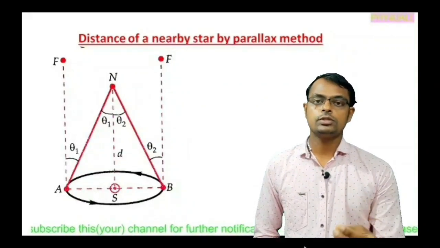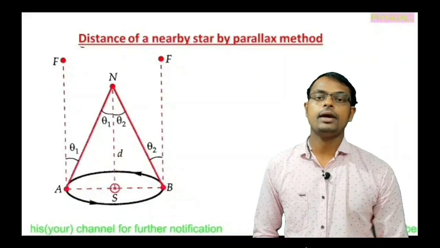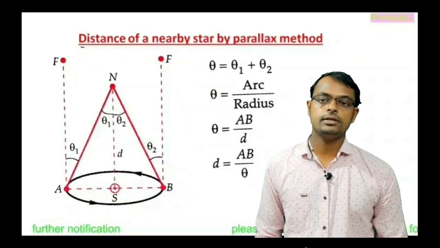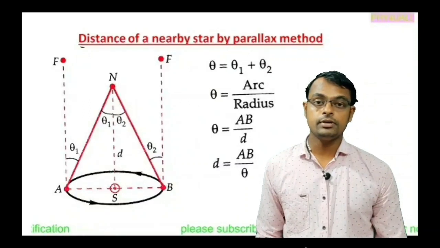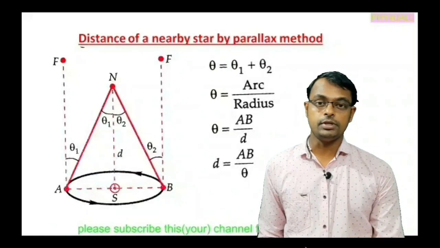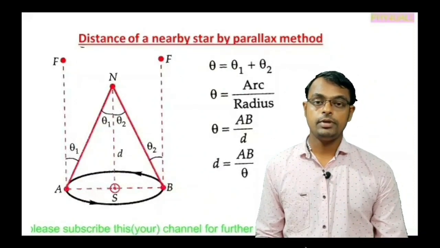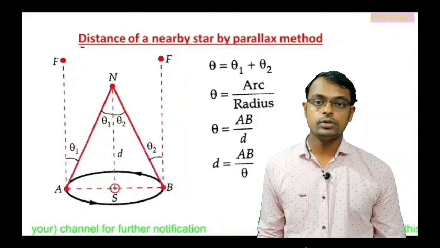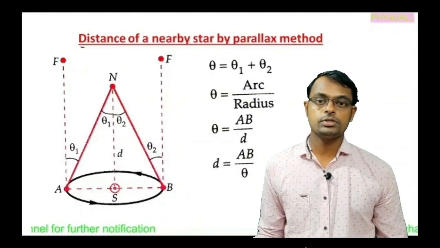Once again, use the plane angle formula: arc divided by radius. Here, what is the arc? AB. AB is the distance between the two positions of the earth, maybe after a 6-month gap. That distance is known to us because the average radius of the earth's orbit around the sun is known.